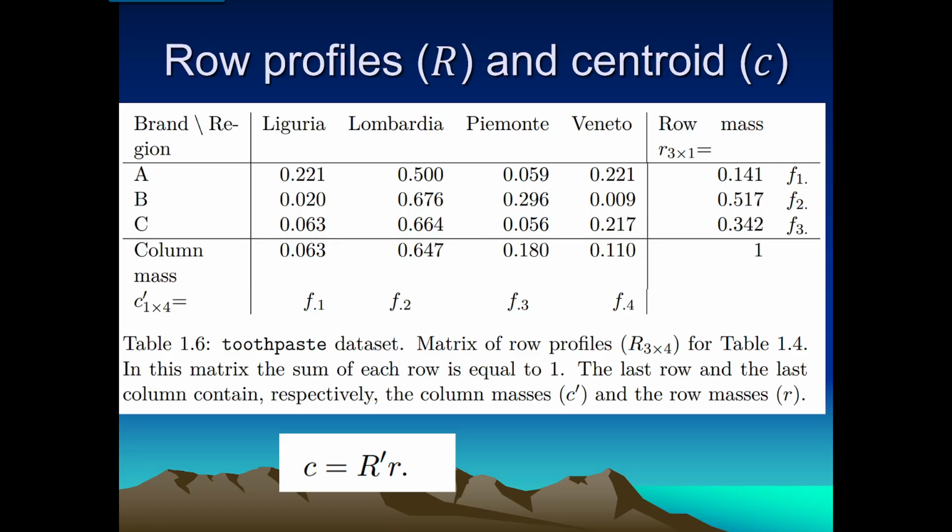If you do this multiplication, you multiply the elements of the first column by this, and you take the sum. You obtain this number here.